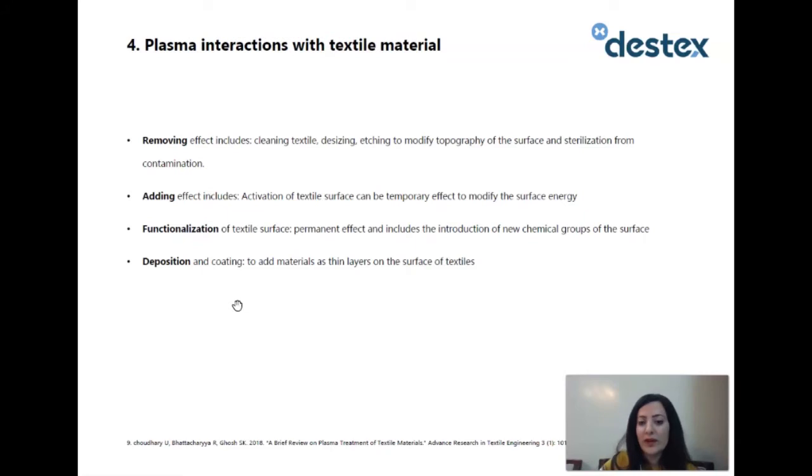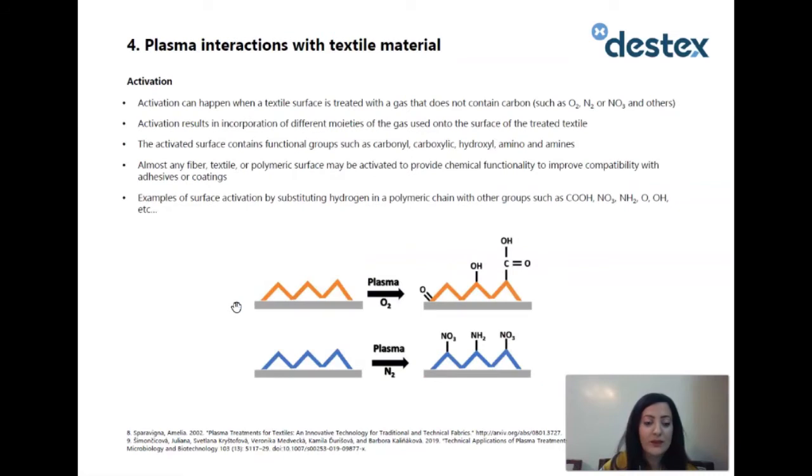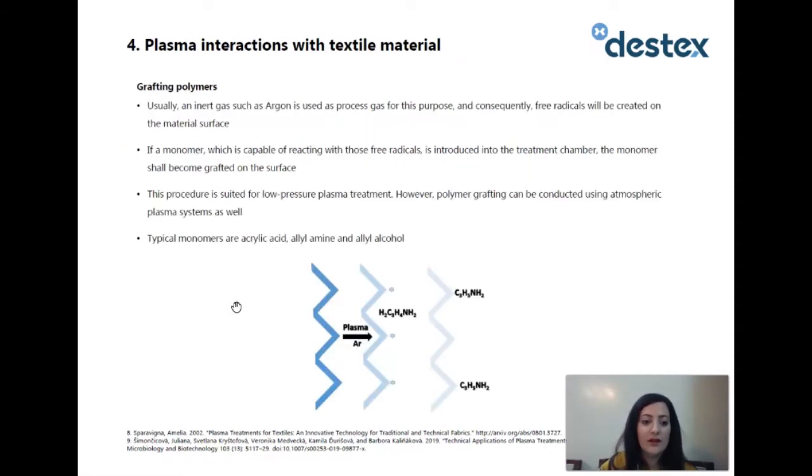So when interacting with textile materials and surfaces, plasma has shown to be effective in many ways, and cleaning is one of them. It's used to clean the surface of the textiles. Also, it is used heavily for activation, to introduce new functional groups on the surface of the textiles in case we want to change the wettability and the surface energy of the textile.